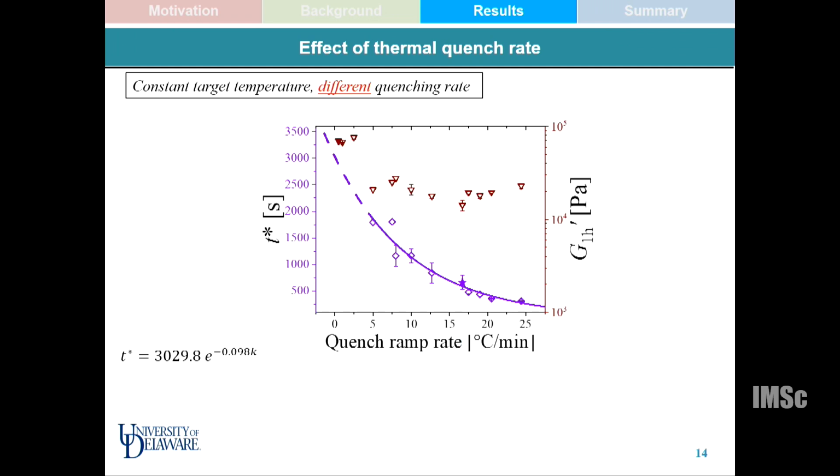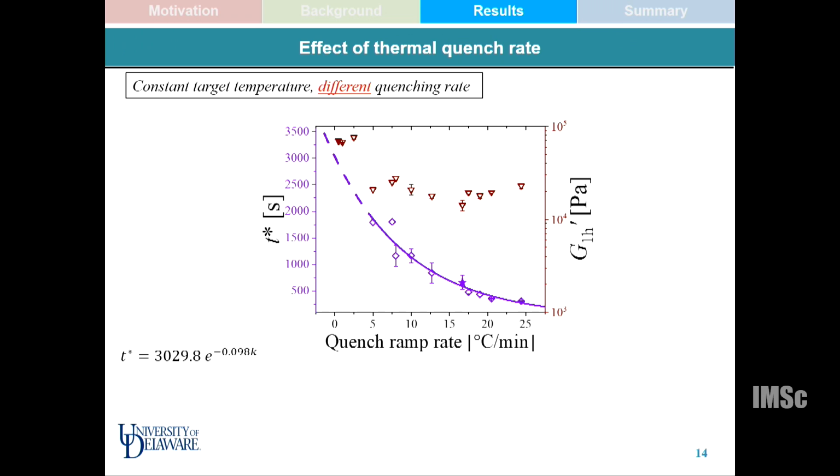We also see the value of G prime at the end of the aging study, which is a duration of 1 hour, and we see that it falls into two different groups: one with a very high value, the other with a slightly lower value. This suggests that we have two domains. One is where the transition is not occurring, when the system undergoes a very slow change in temperature, and it achieves a very high value of G prime.